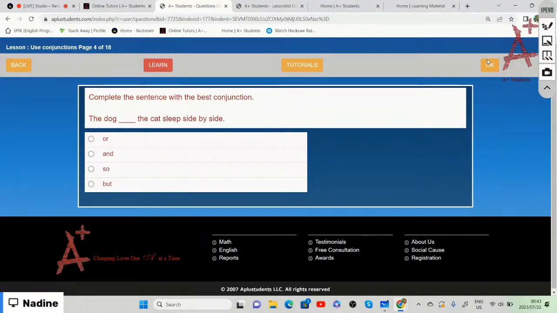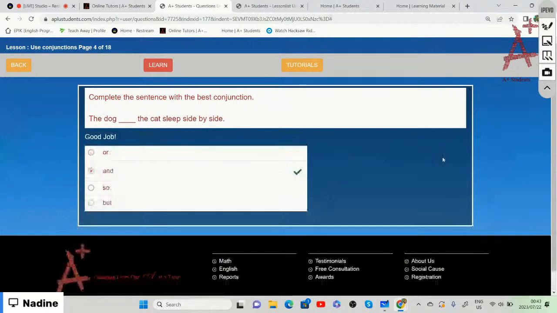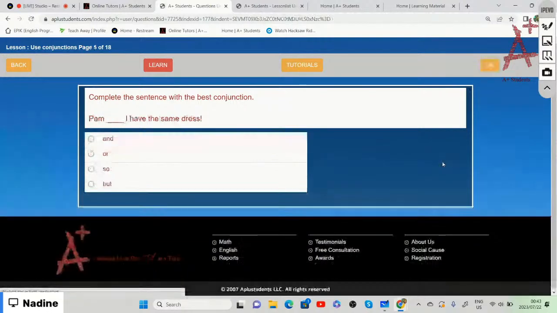All right, so we're going to choose and, right? Because it says the dog and the cat, they sleep side by side. So and is correct. And it shows that the dog as well as the cat are sleeping side by side.